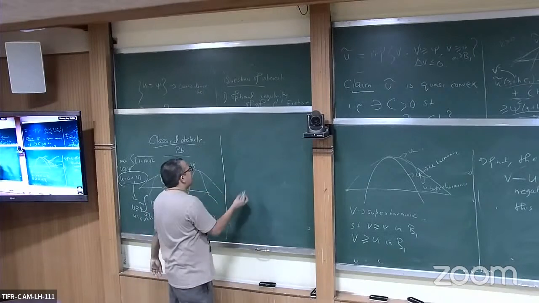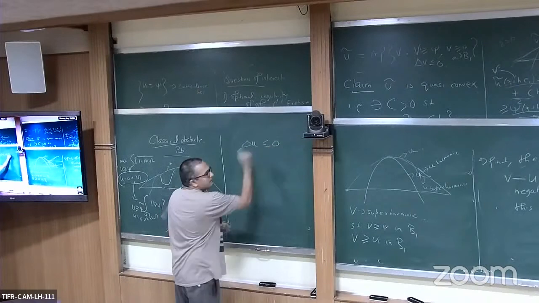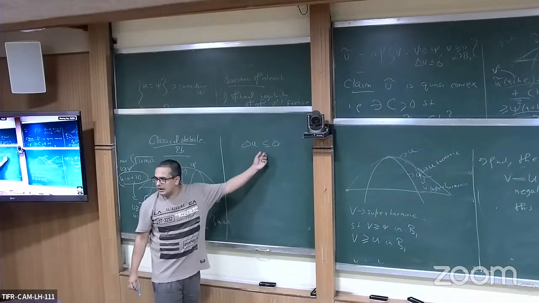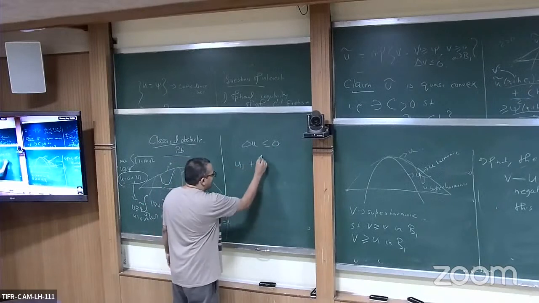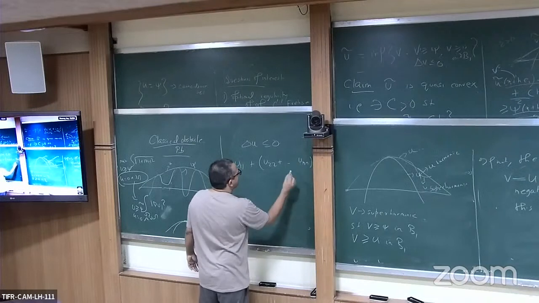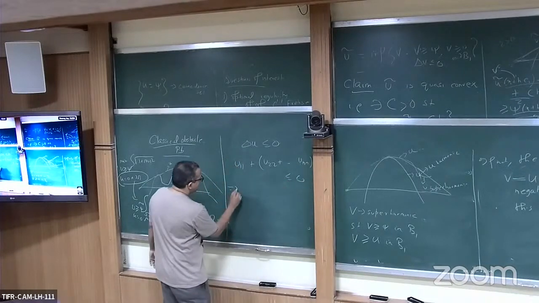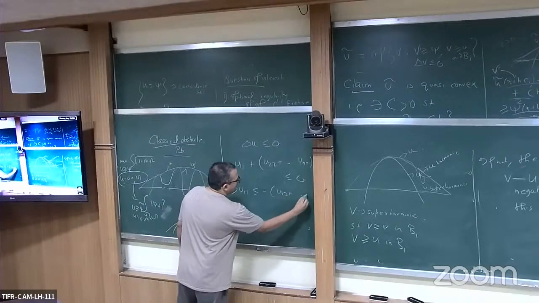So what do I have? On one hand, the Laplacian of u is less than or equal to 0. This is the superharmonicity condition. So what I do is break it: I write it as u_11 plus u_22 all the way up to u_nn is less than or equal to 0. That tells me that u_11 is less than or equal to minus of u_22 all the way up to u_nn.